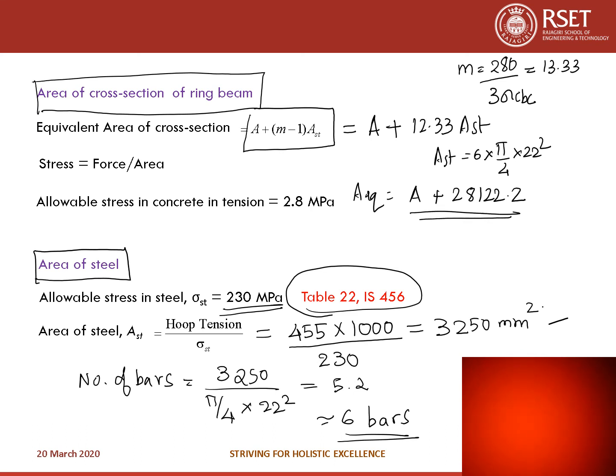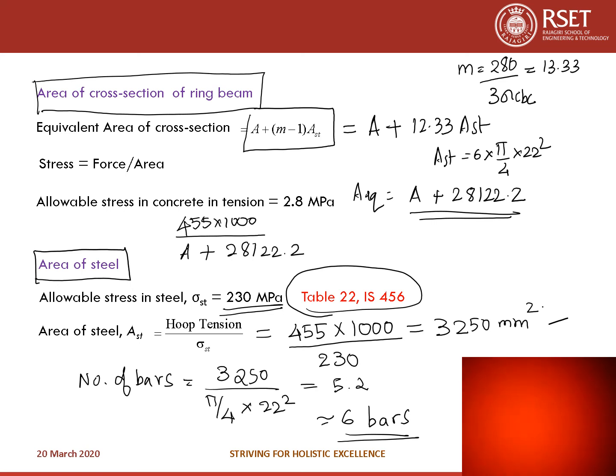Now the condition is stress equals force by area. We know the force is the hoop tension, so 455 into 1000, converted into Newton, divided by the equivalent area. The hoop stress here is tensile.